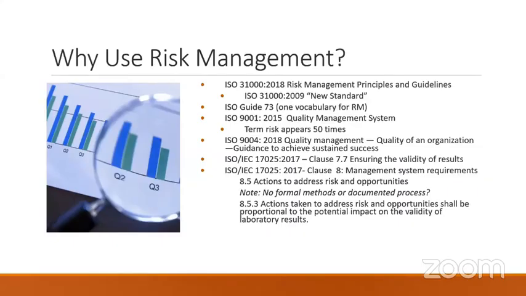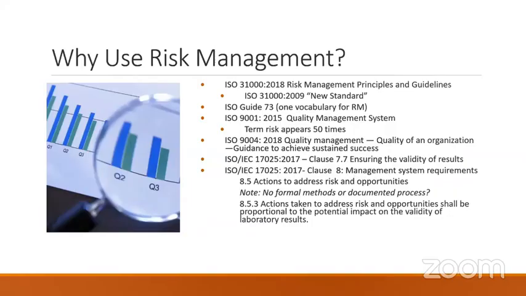And I want you to focus on the word proportional. How do you determine proportionality when you have no formal mechanism to evaluate the magnitude of a particular error or nonconformance or risk or opportunity?